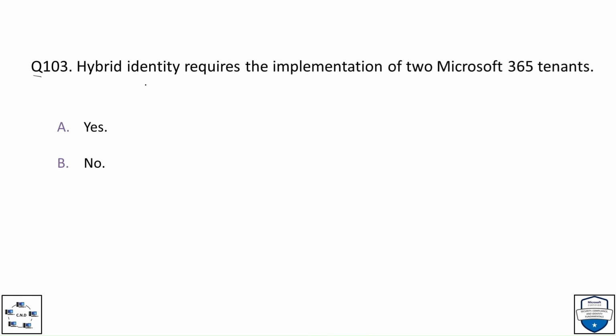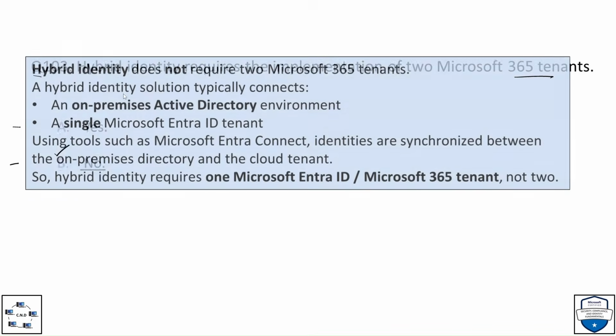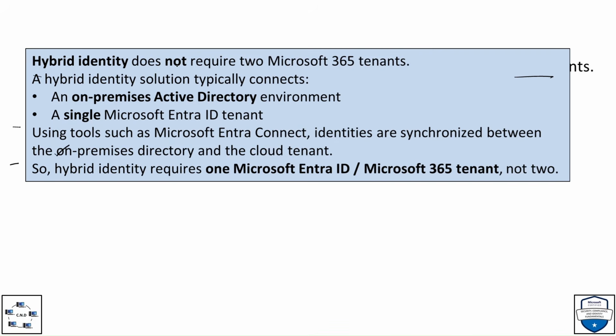Question number 103: hybrid identity requires the implementation of two Microsoft 365 tenants. The options are again option A, yes, and option B, no, and the correct option is option B, no. Hybrid identity does not require two Microsoft 365 tenants.